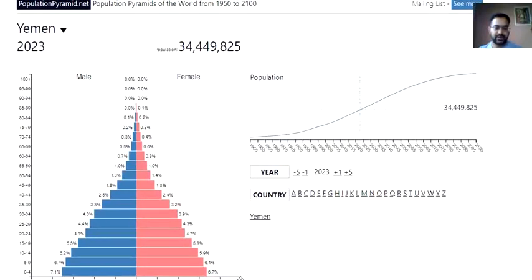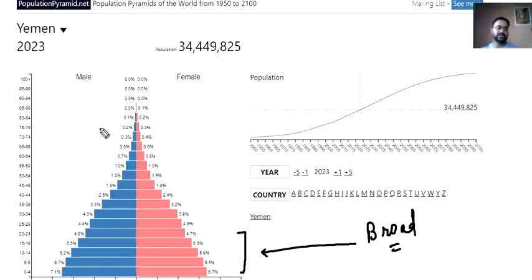So if you have a look at this specific country which I'm showing here, that is Yemen, and you observe the pyramid here, then what we observe is that the base of this pyramid is a bit broad, right?